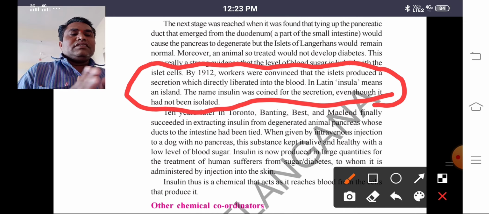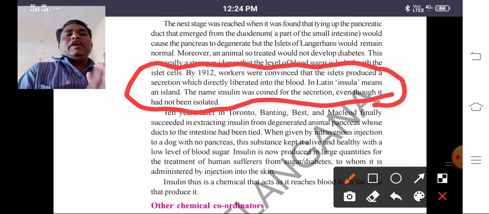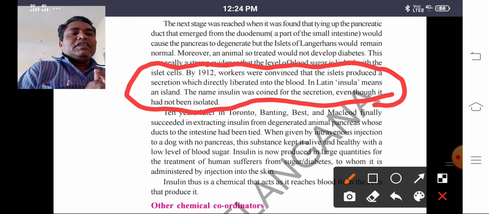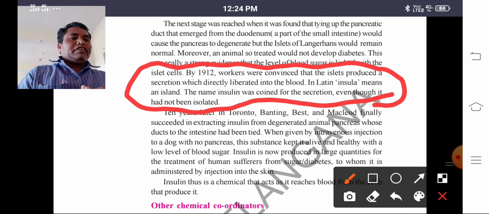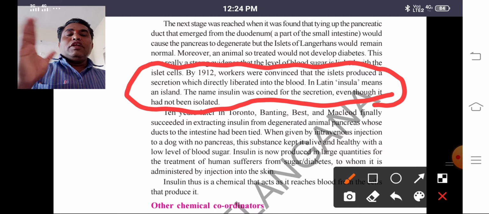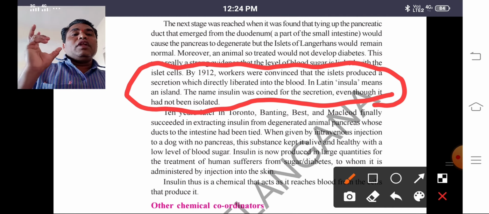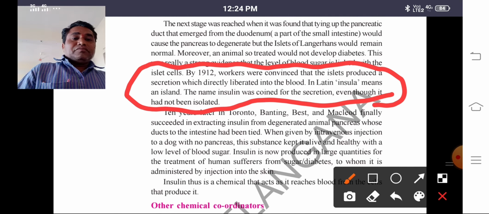In Latin there is the word insula, meaning an island. The name insulin was coined for the secretion even though it had not yet been isolated. So the name insulin was coined for the secretion, and that is the reason. Insula means island.